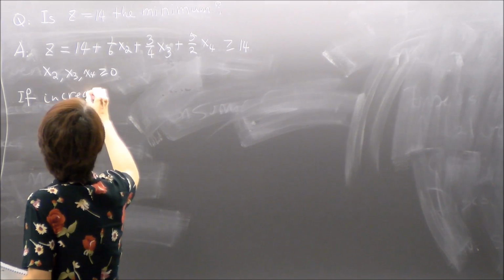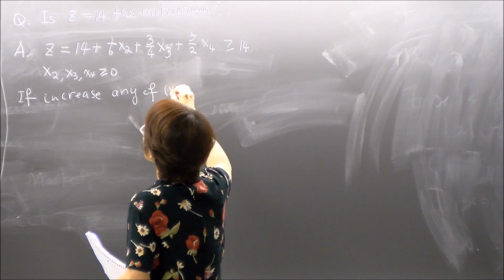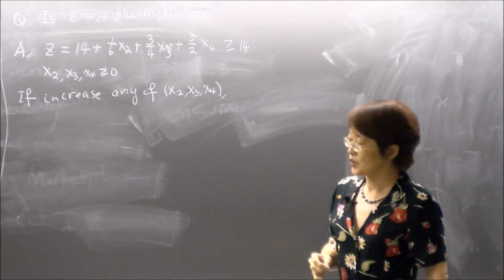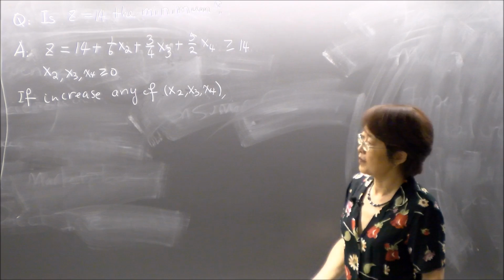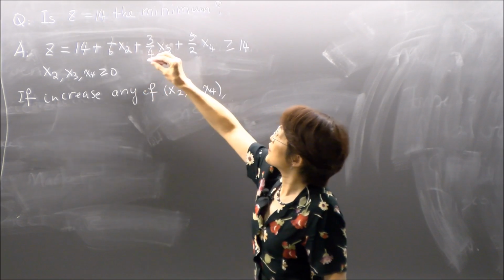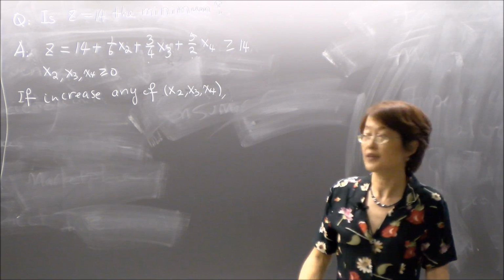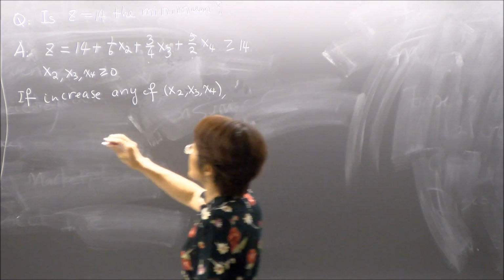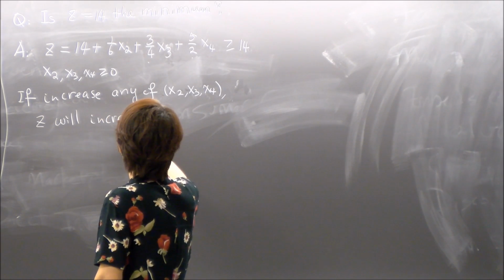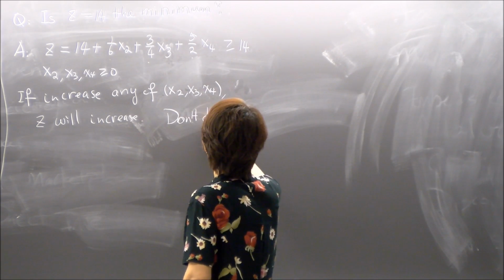If I increase any of these x2, x3, x4, to make it strictly positive, to make them basic, then you see, because the coefficients here, all these three are positive, it will make the z increase, right? Z will increase. Okay, so why would I do that? So I will not do it. So don't do it.